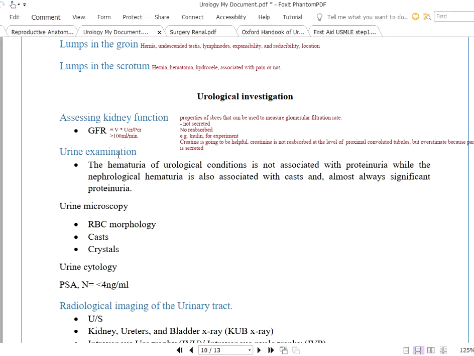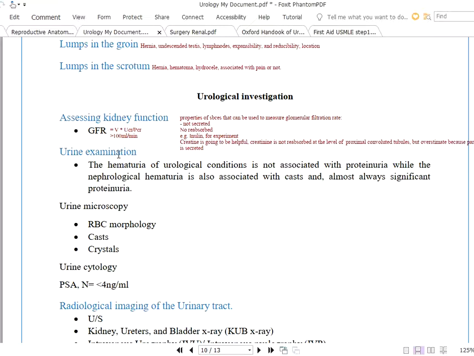In urinary examination, we will be looking for nitrites that are produced by bacteria in someone in whom we suspect UTI. We can find white blood cells in urine.